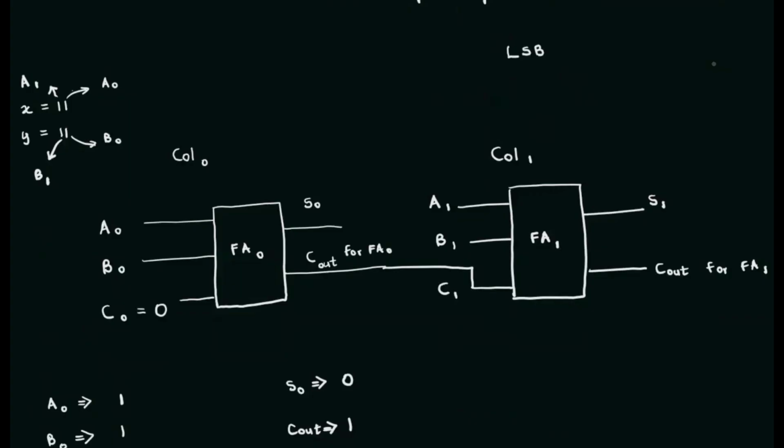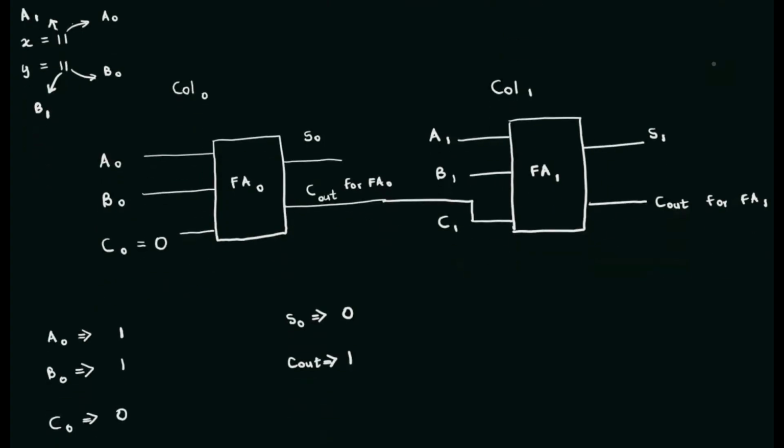So the C out of FA0 will be the C in of FA1. That's the connection that we are going to make, a logical connection between them. So instead of saying C out for FA0, can I call this just C1? It is fine.